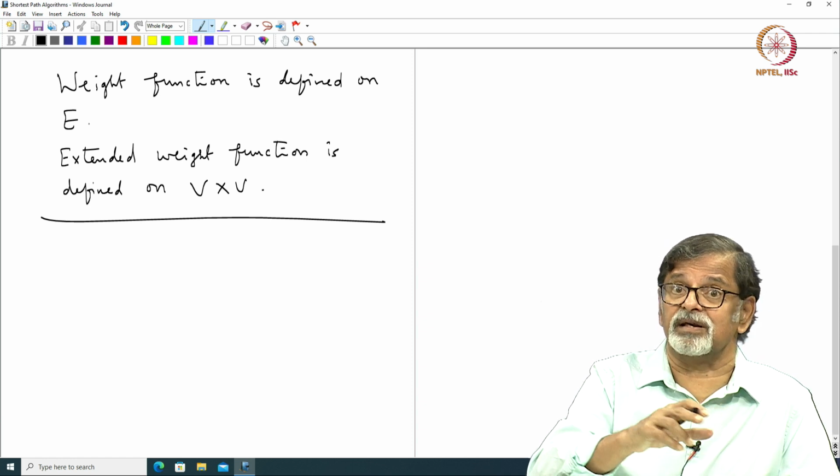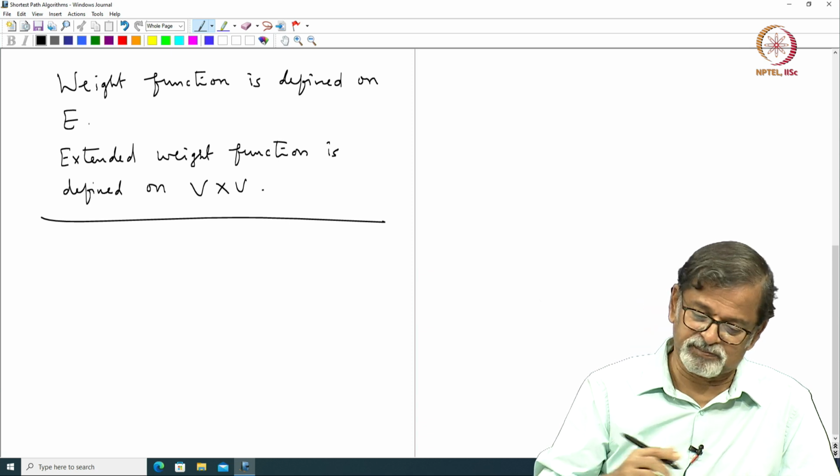If the pair is not in E, we set that as infinity.